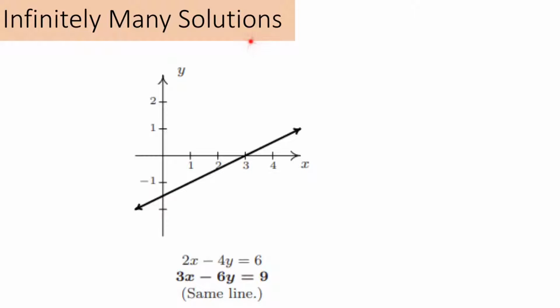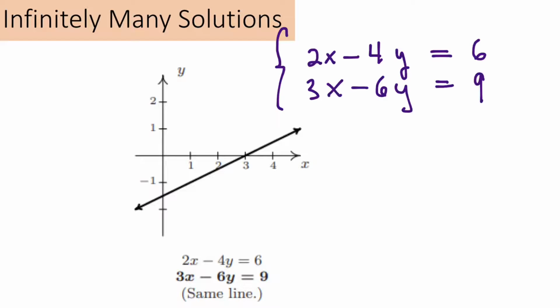And that is the case that you get when you have two lines that appear to be different, but once you reduce them and solve the system, you find out that they actually reduce to the same linear equation. So let's look at that for a minute. These are two linear equations that at first glance appear to be different lines, but you can find a number that you can multiply each term by and reduce it to the numbers in the other equation.